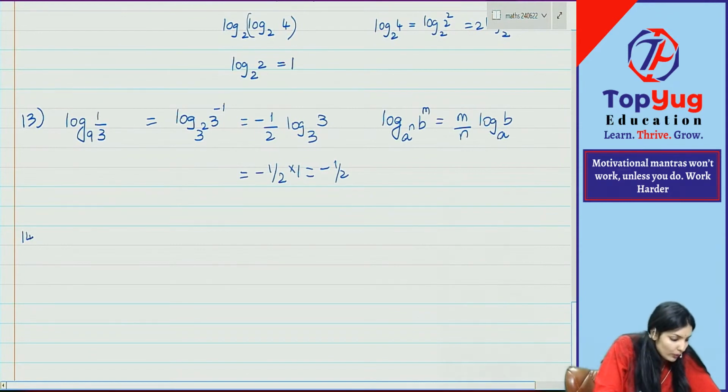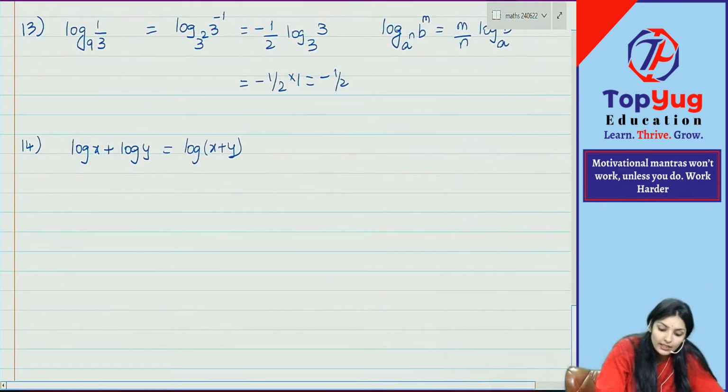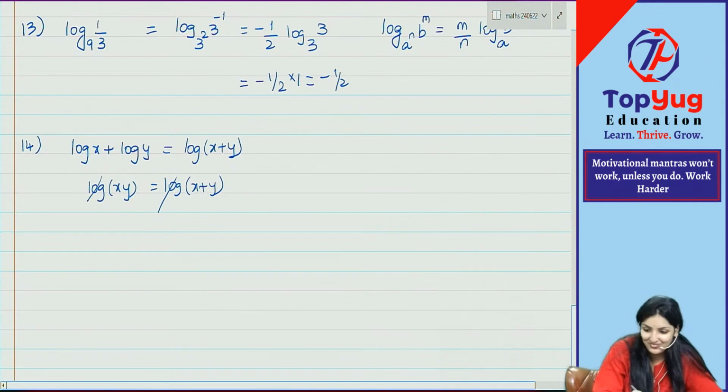Now 14th one. Log x plus log y is equal to log of x plus y. Can I write this as log of x into y is equal to log of x plus y? I cancel log.